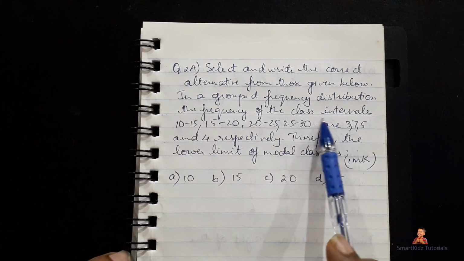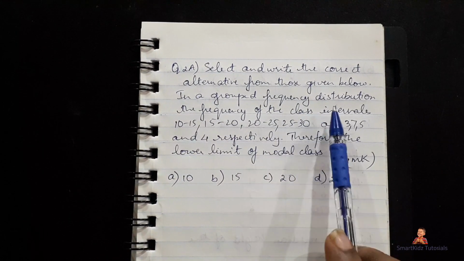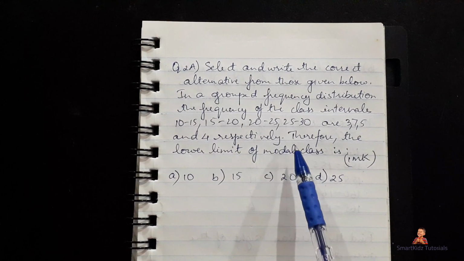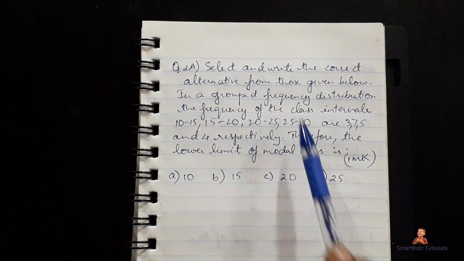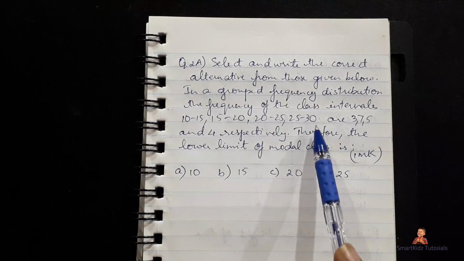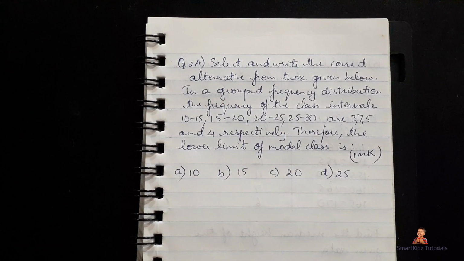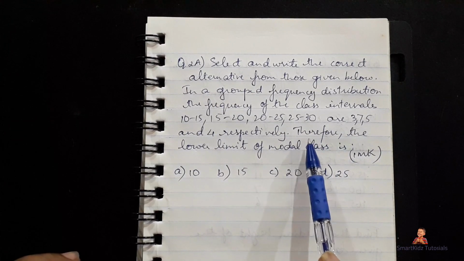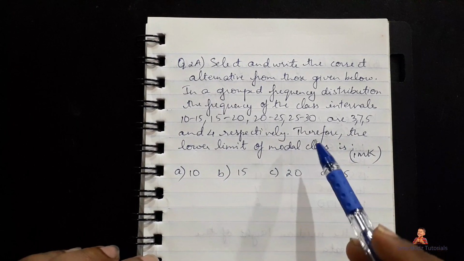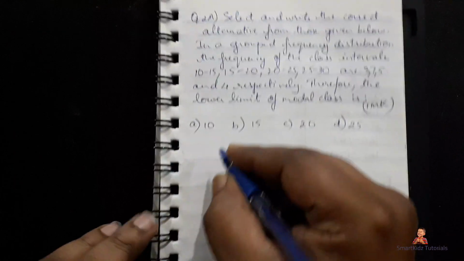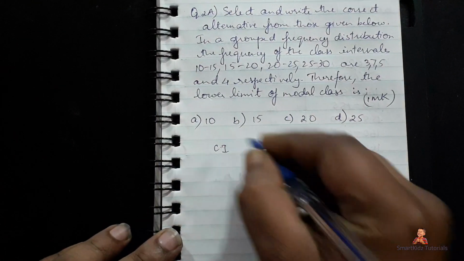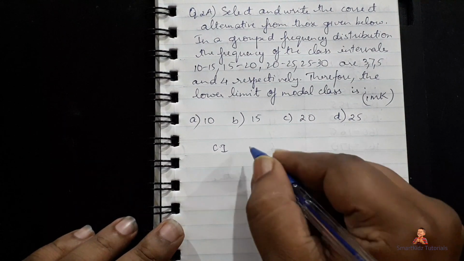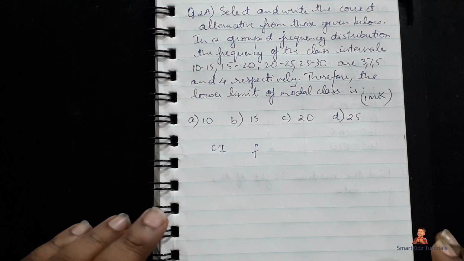So this is about a group frequency distribution where we are asked to find the lower limit of the modal class. So we'll just put this in 2 columns so that it will be easier for us to locate which is the lower limit of the modal class. First we'll have to find out which is the modal class, of course. So I'm going to write one column as class interval, and the other column as frequency.